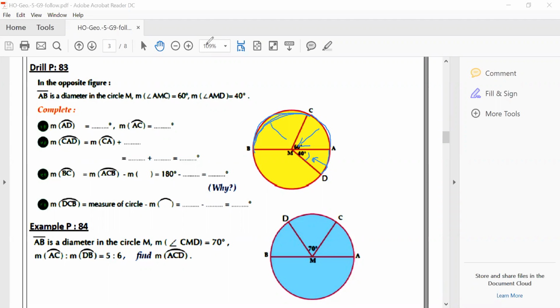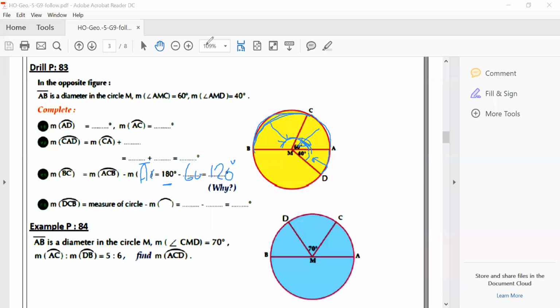BC opposite, and there is no number written. Can you get this angle? ACB minus AC, equals what minus what? 180. He's writing for you 180. This is the whole angle. Minus AC. AC equals what? 60. So 180 minus 60, 120.